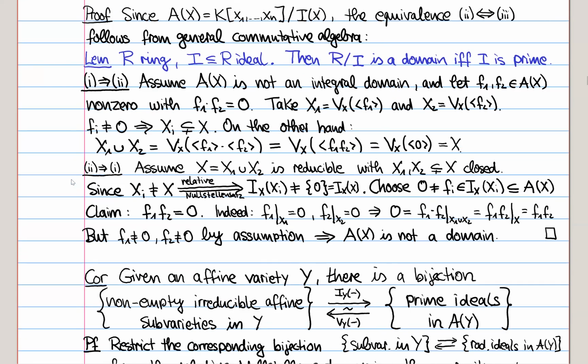And as a corollary, we can upgrade this relative Nullstellensatz to say that if you have some ambient affine variety Y, then you get a bijection between the non-empty irreducible affine subvarieties in Y and the prime ideals in A of Y. The original relative Nullstellensatz would have told you that any affine subvariety in Y corresponds bijectively to the radical ideals here.